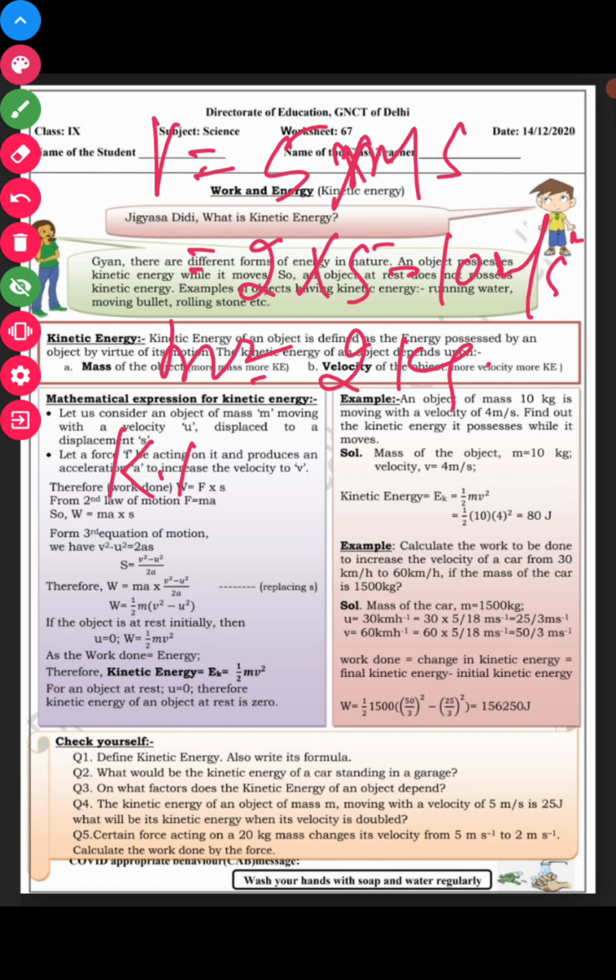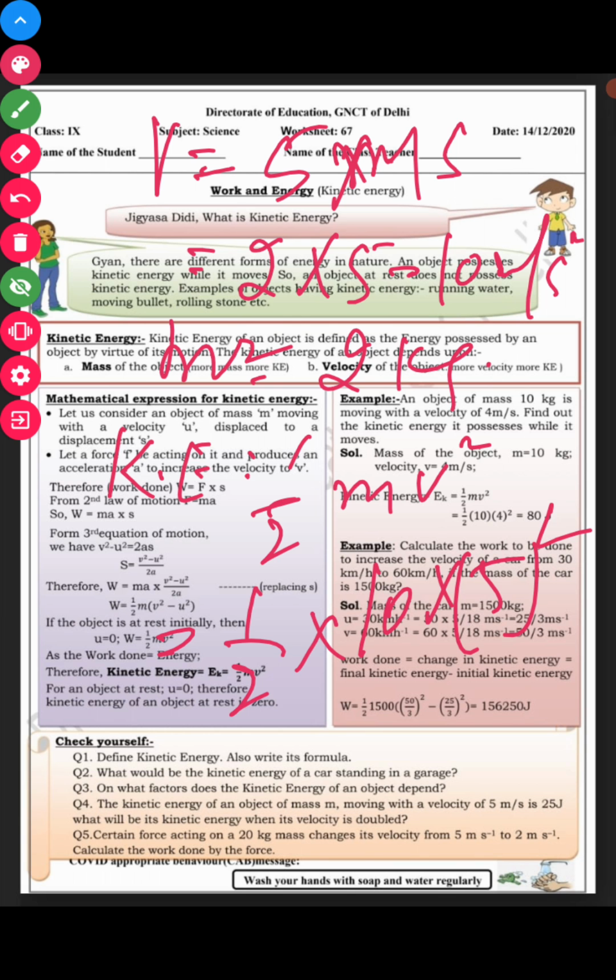Now new kinetic energy will be half mv square. Let me put the values in the right way.